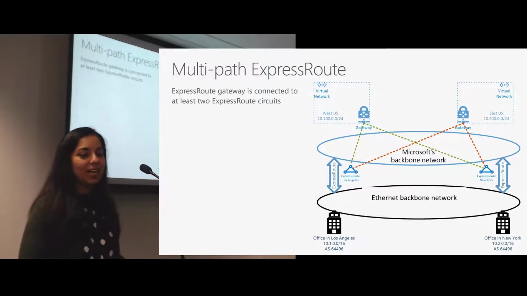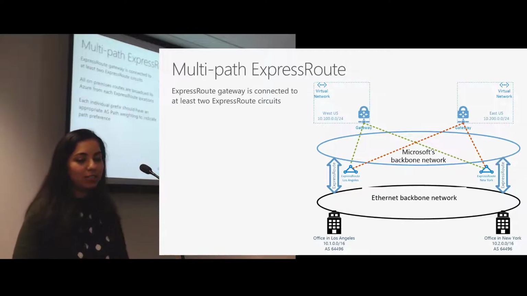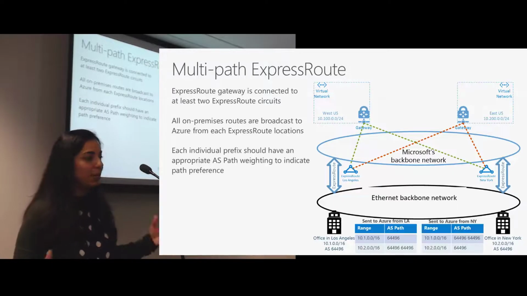In this example, you've got an ExpressRoute gateway that is connected to two ExpressRoute circuits. From the on-prem network, you're advertising the ranges to Azure, but you're probably preferring, in this case, the LA routes via the LA ExpressRoute service. But because the LA branch office is connected to the New York branch office via the MPLS network, it's also learning the routes from the New York office.